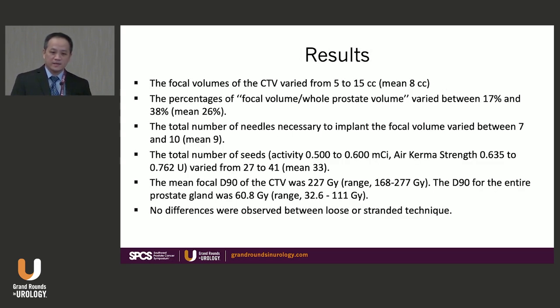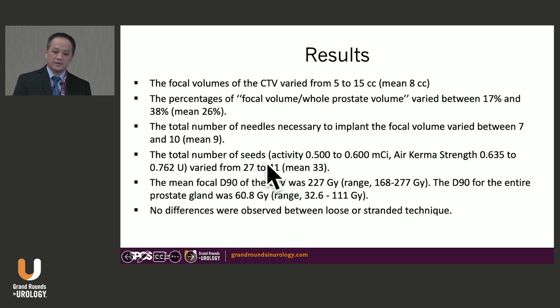From the result, you can see, as Dr. Stone already presented, and I don't want to repeat, but I want to point out this is important. You see the total number of seeds and the activity we're using. It's actually 0.5 millicurie, or you can see it's 0.635. It's not much higher than what we use. So you can actually achieve the dose by using a similar activity.